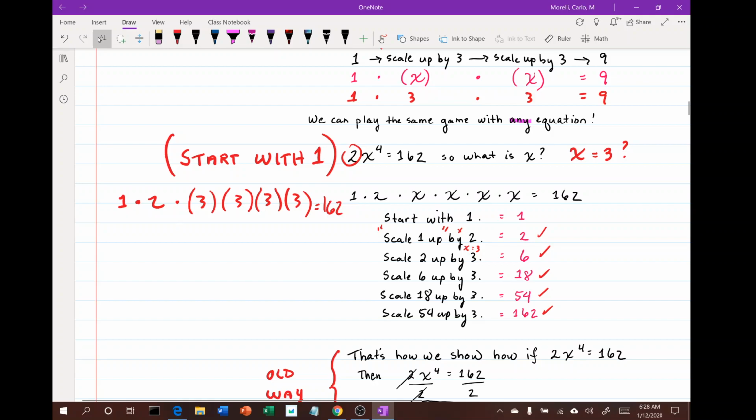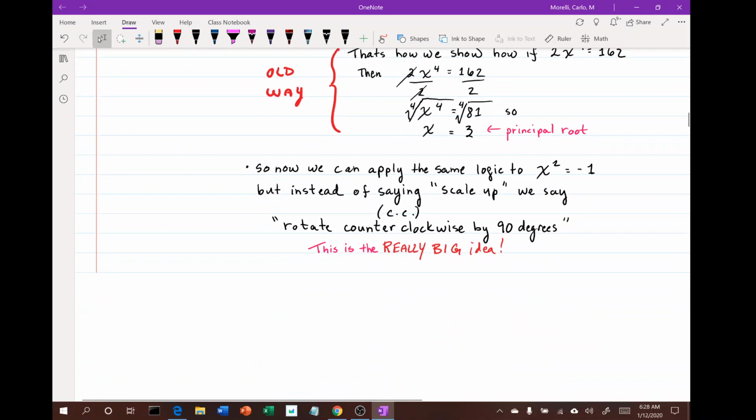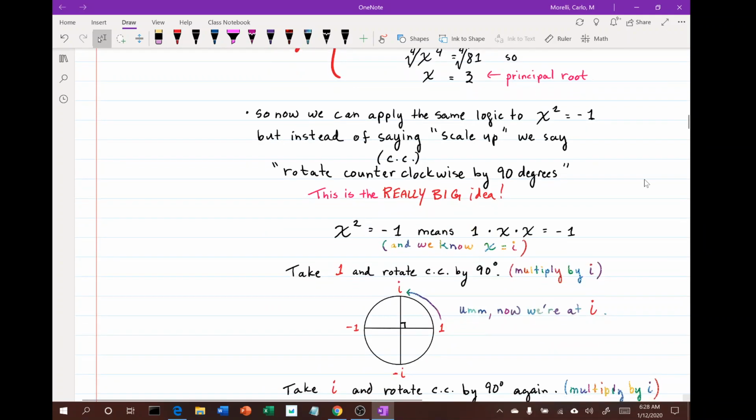Okay, so let's go down. We're going to now apply the very same logic to x squared equals -1. So this is the same logic that we just dealt with.